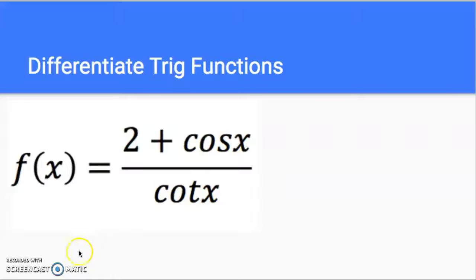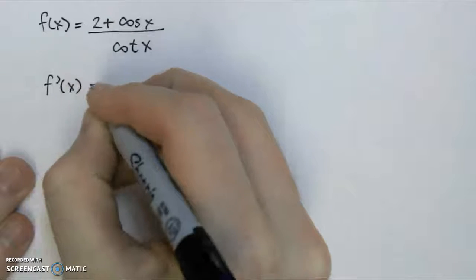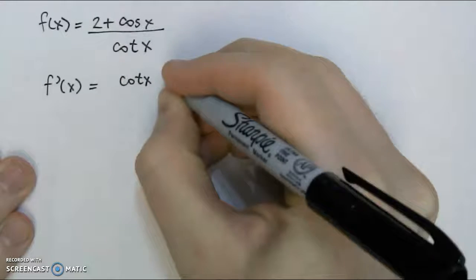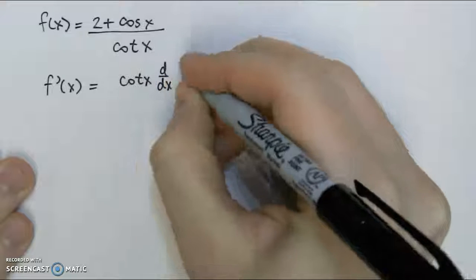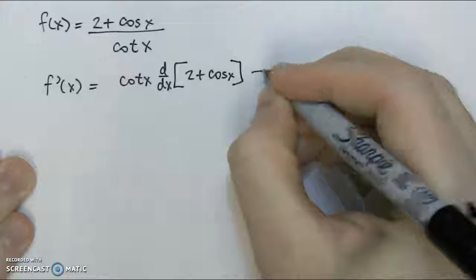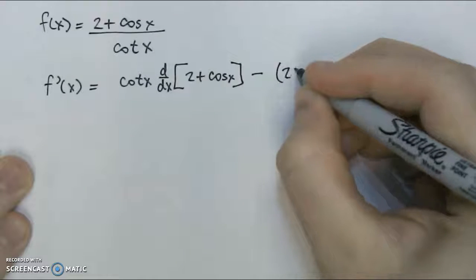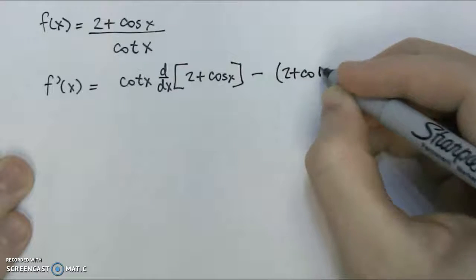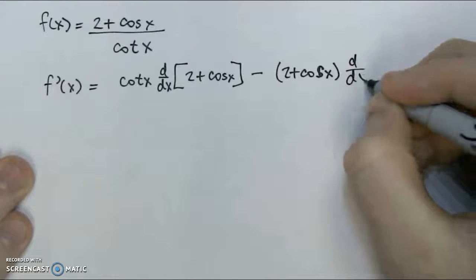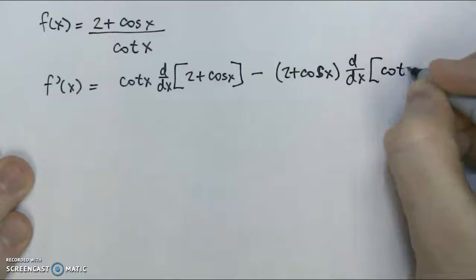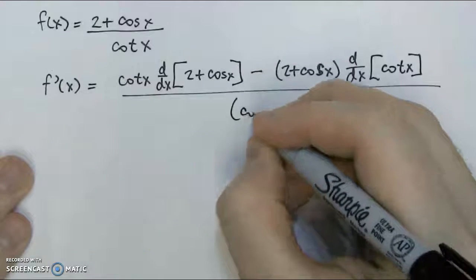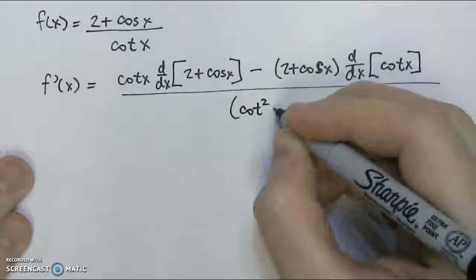So the derivative would be low d high minus high d low, square the bottom, and away we go.